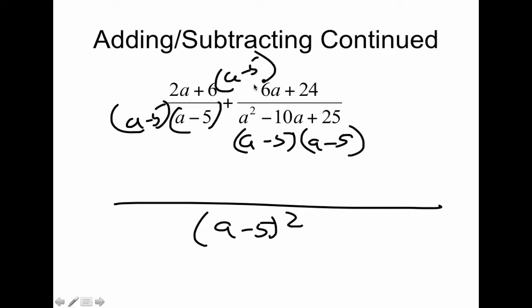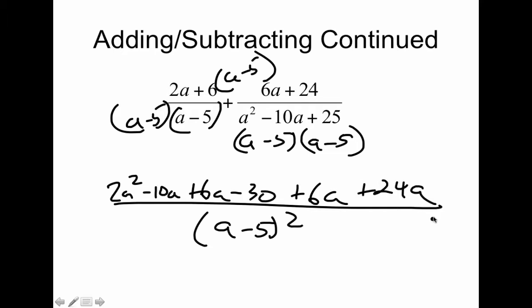I need to FOIL this together. I need to get 2a squared minus 10a plus 6a minus 30 plus 6a plus 24. Oh, there's no a on that 24. What was I thinking?